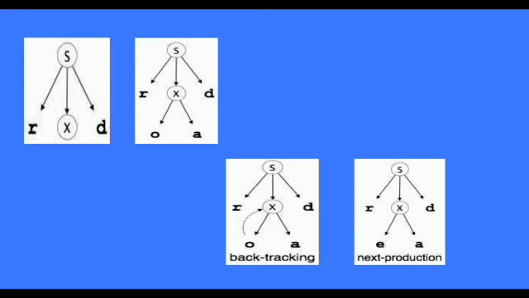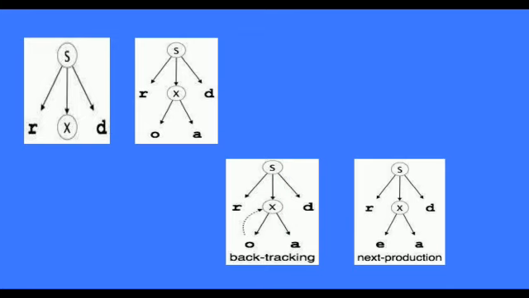I replaced capital X with oA. Our input string is not obtained here. That's why in the third diagram I backtracked o to X and replaced o with e. Now I think I got the input string, that is read. Like that you have to solve the problem with backtracking.